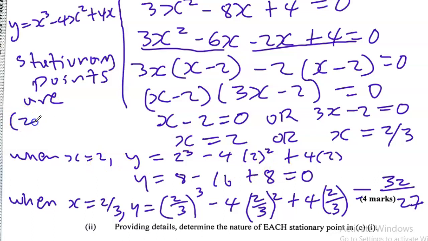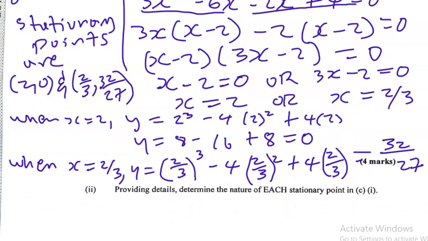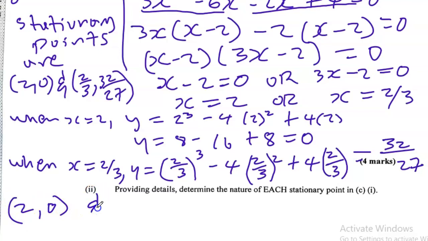So they are 2, 0, and 2/3, 32/27. Alright? Let me put them back here. So the stationary points are 2, 0 and 2/3, 32/27.